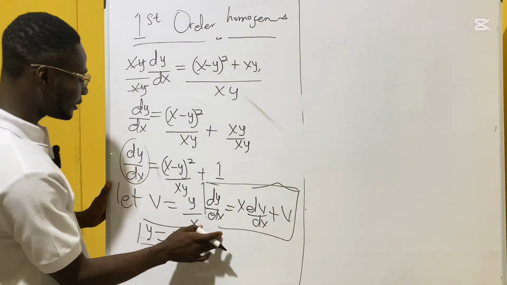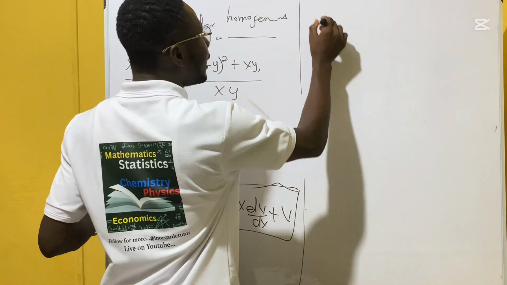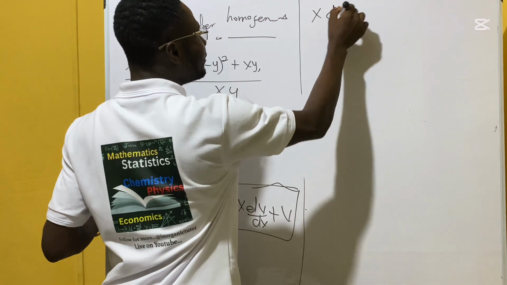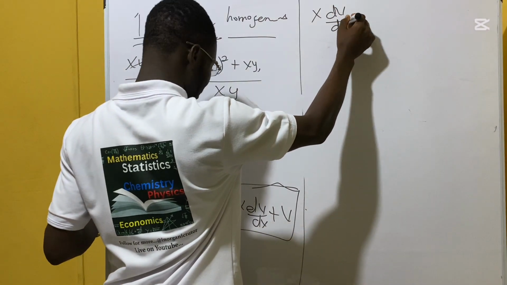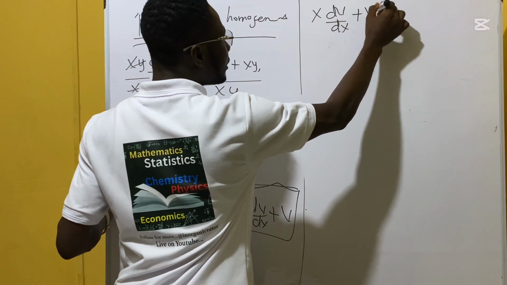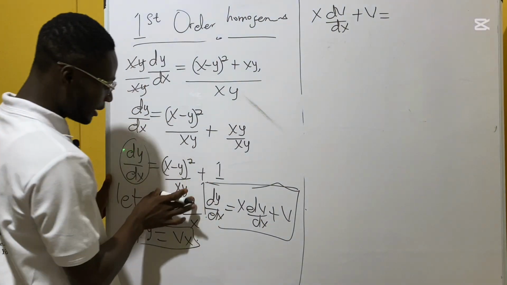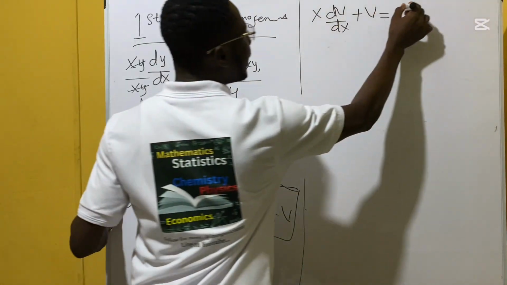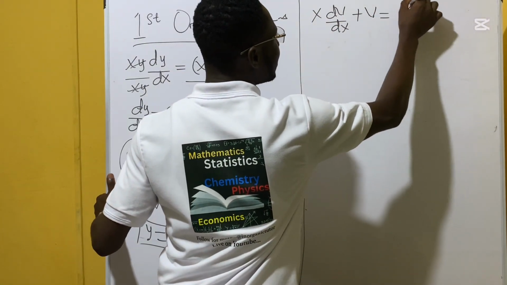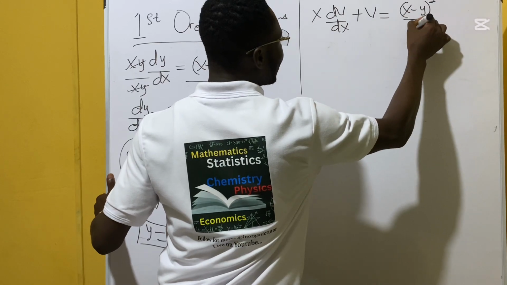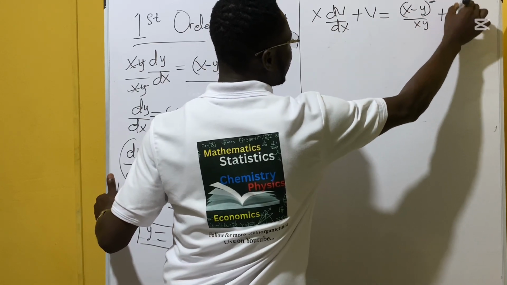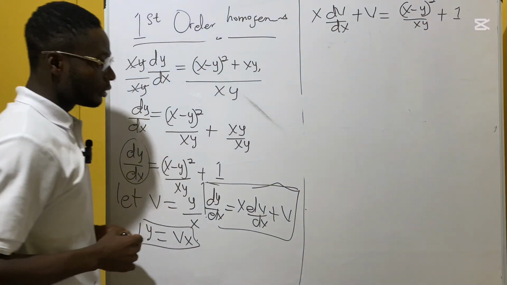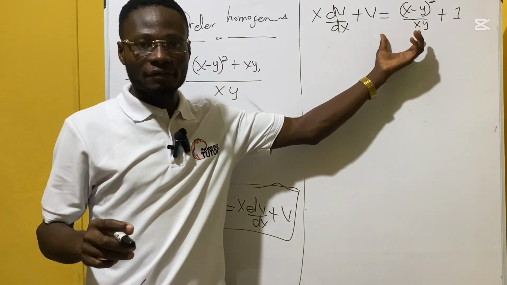So when we do that, we are going to have x dv on dx plus v, and that should be equal to this function, right? x minus y all squared over xy plus 1. Okay, so this is what we have right now.